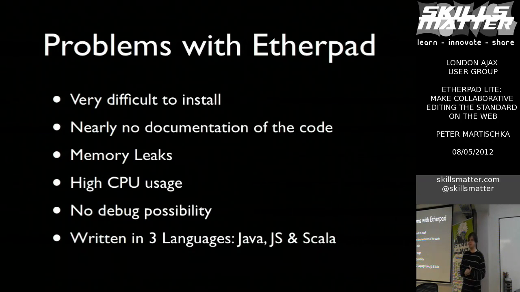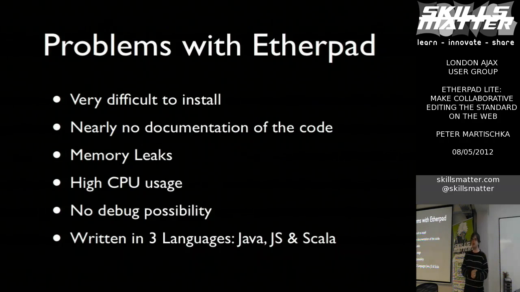So there were a lot of problems with Etherpad. It was very difficult to install because you had to set up Scala and Java and a lot of things. There was nearly no documentation in the code, so if people tried to change it, it was really difficult because we had this huge amount of code which was undocumented, and it was kind of trial and error.